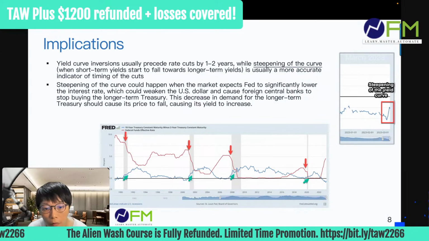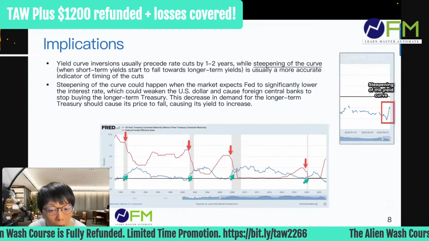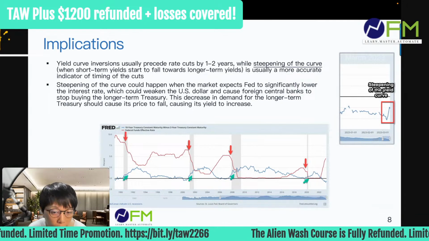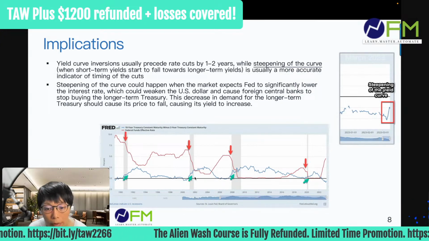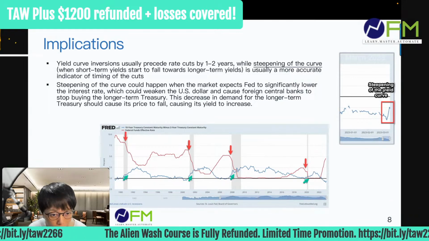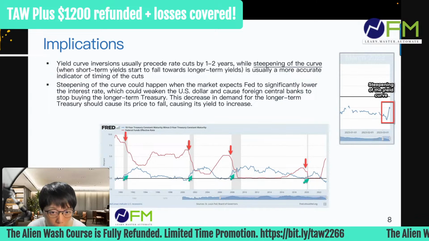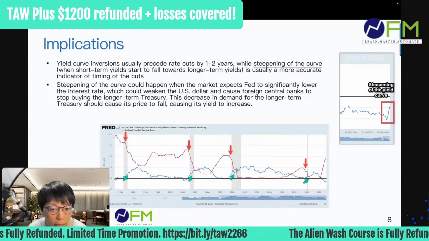Number one, this is the peak of the Fed rate. Number two, subsequently you will see this grayish vertical bar, which shows a period of recession for the US economy. So two things happen: a peak of the Fed rate, and then a recession.